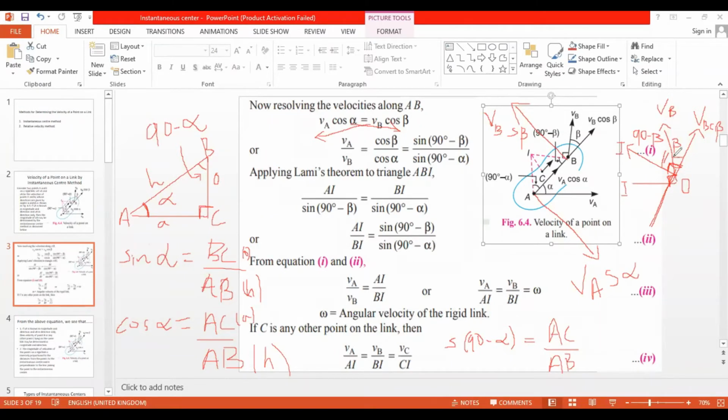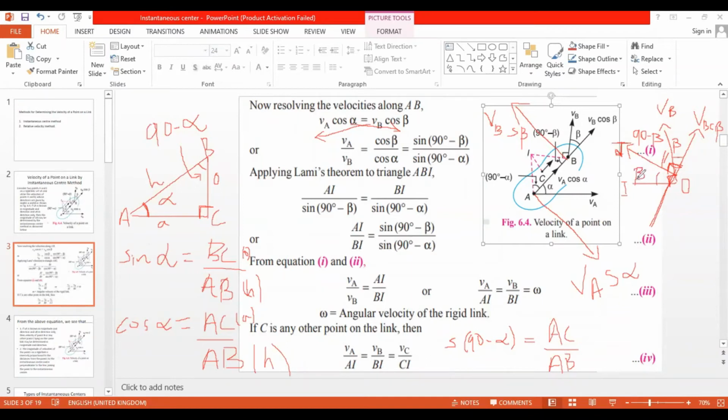VBOI is 90 minus beta, and VBO, I will put some other letter for this. I will put it as J. VBOJ is 90 minus beta and VBOI is 90, then this angle will be coming as beta.